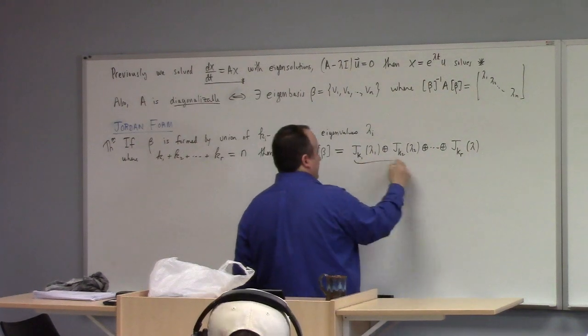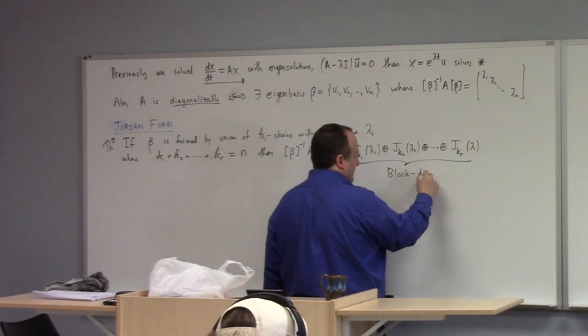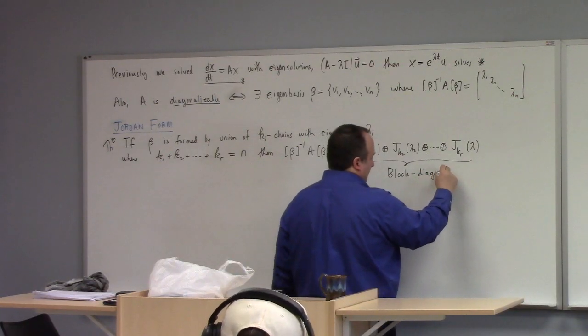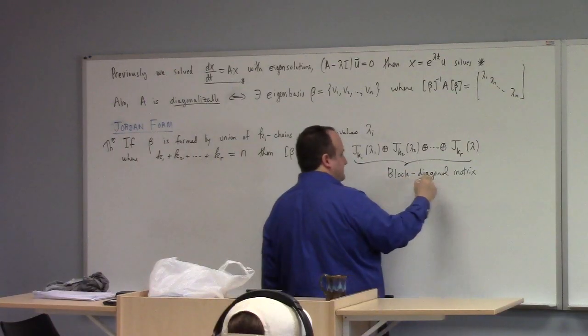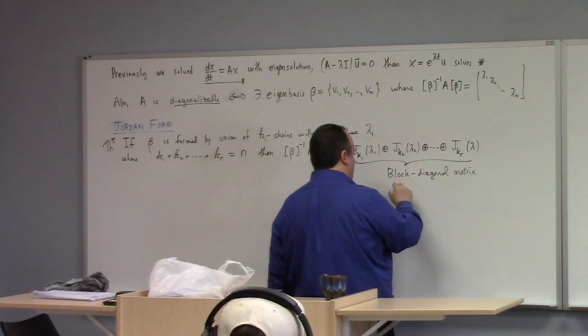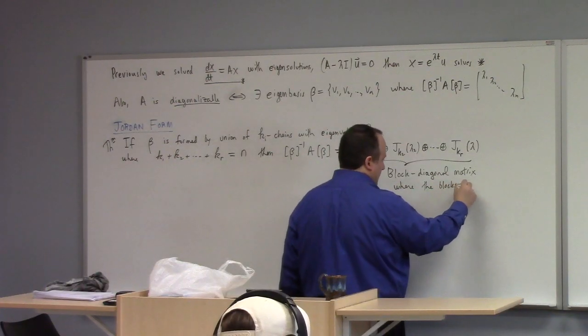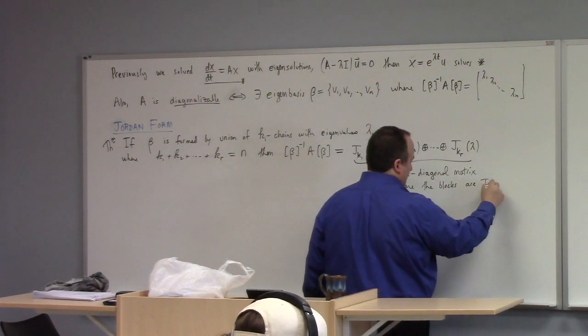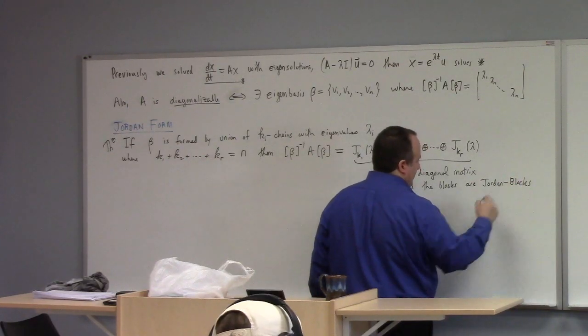In other words, this is a block diagonal matrix where the blocks are Jordan blocks, as I've defined earlier today, all right?